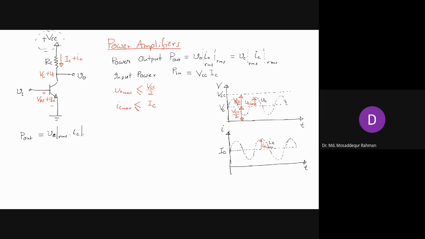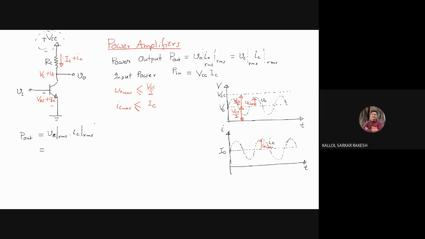How do we get the RMS value? What is the RMS value, guys?